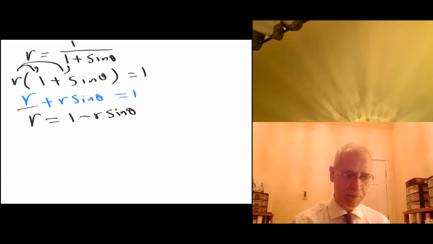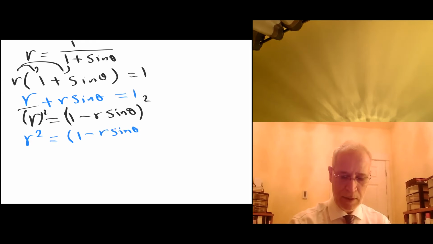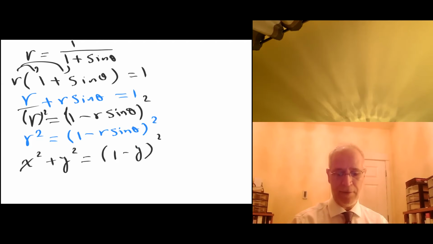If I square both sides of this and see if that's helpful, r squared equals 1 minus r sine of theta, quantity squared. r squared is the same as x squared plus y squared, and this is going to be 1 minus y to the second power.